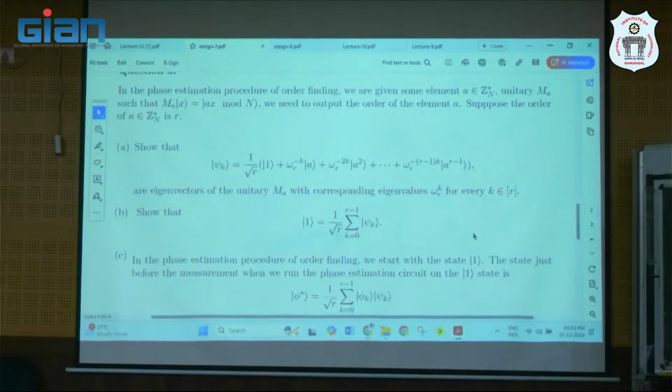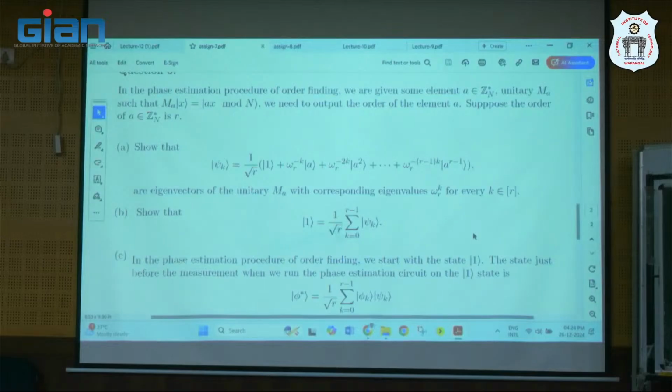Okay. Now, summation k is equal to 1 over square root r summation k, and then there is a summation j, correct? Agreed?